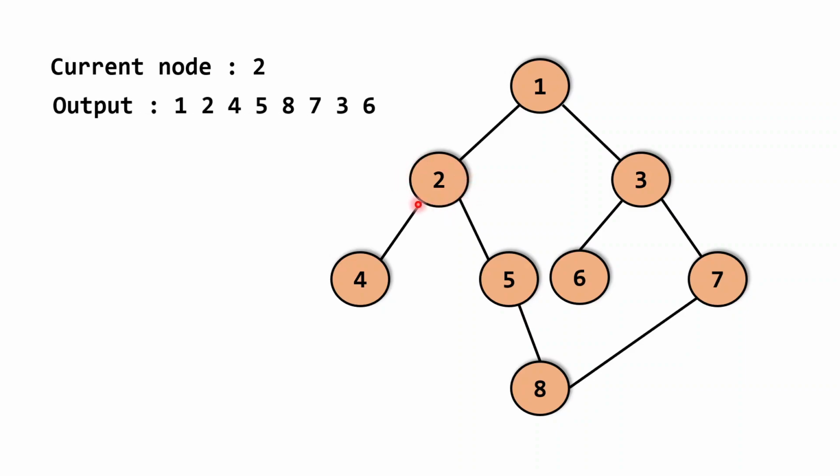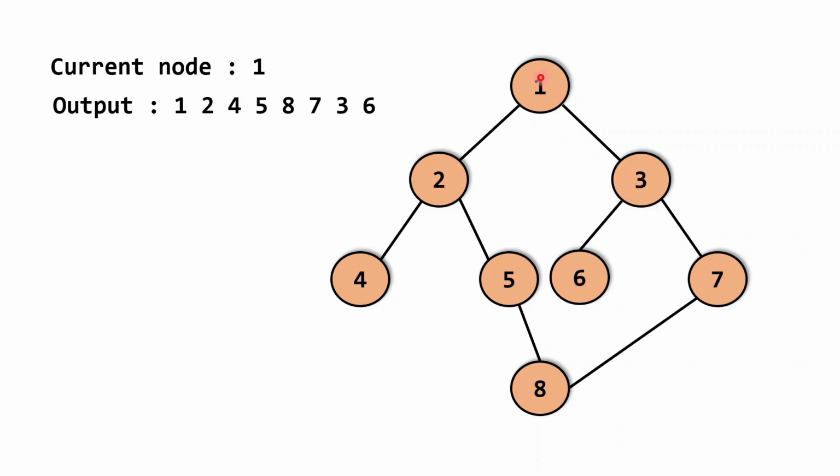Now for this 2 we don't have any adjacent node which is unvisited. So we will backtrack to its previous node, that is 1. So the current node is 1 and our output is this. Now for this node 1, both of the adjacent neighbors, that is 2 and 3, are visited.